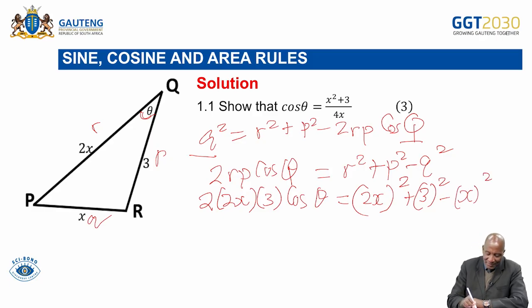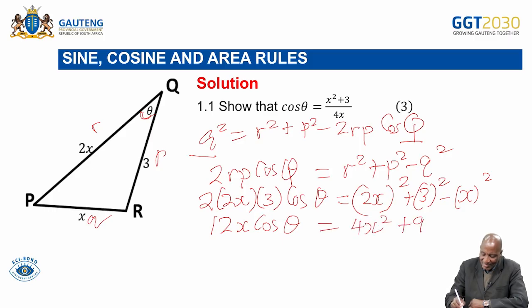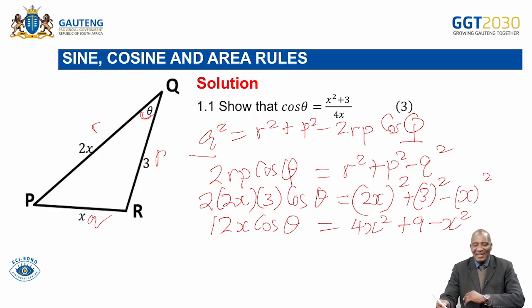Then we simplify. What are we getting? I'm getting 12x cos of theta equals 4x squared plus 9 minus x squared. I'm already getting excited there. I see something happening. Then we proceed.